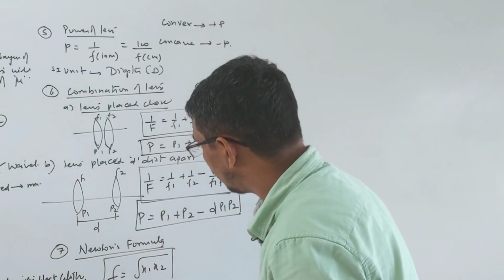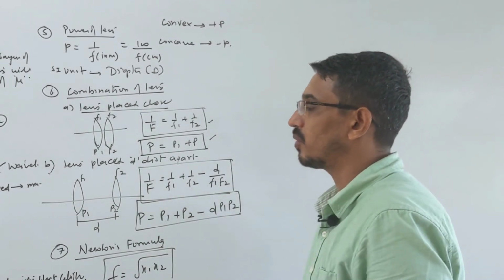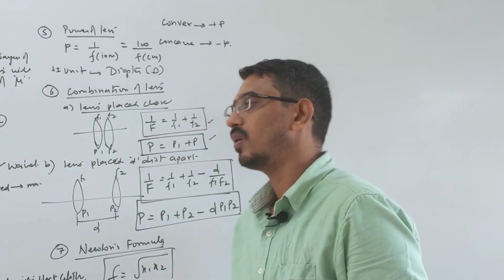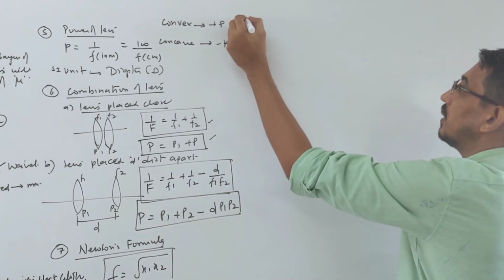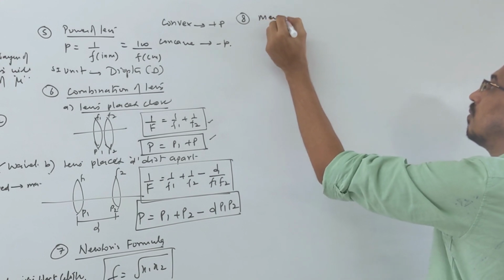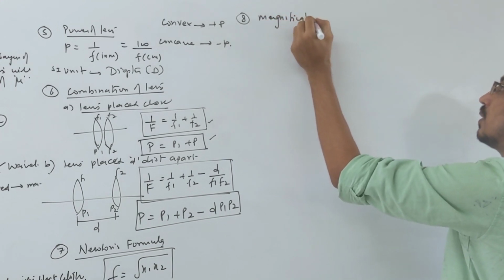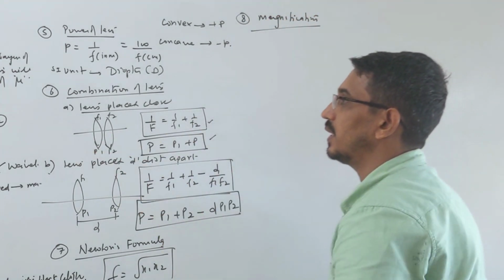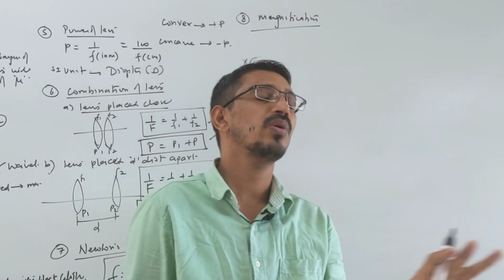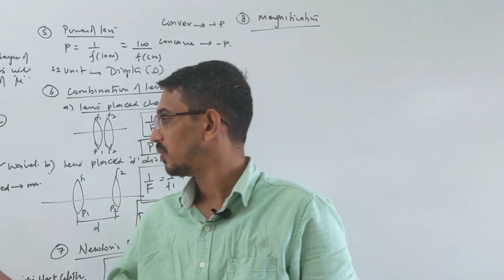Now we'll come to the main numerical things, which are your magnification and your lens maker formula or lens formula. So point number 8 I'm talking about: magnification. I told you already by comparison that for a convex lens the magnification and image formula is similar to a concave mirror, and opposite for the other lens.